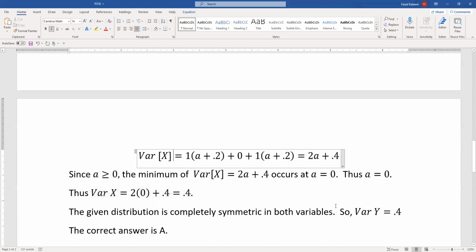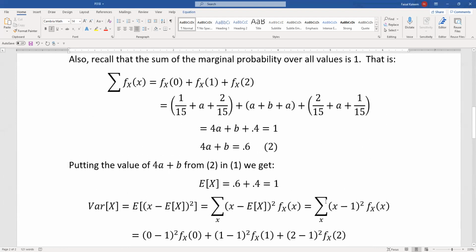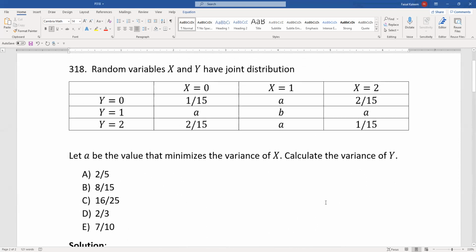And now the question was to find the variance of y. We have found the variance of x to be 0.4. If you look at this table, it's completely symmetric in x and y. By symmetry, we mean that if you interchange x and y, the values of probabilities remain the same.